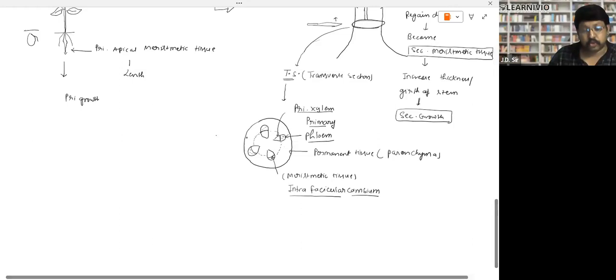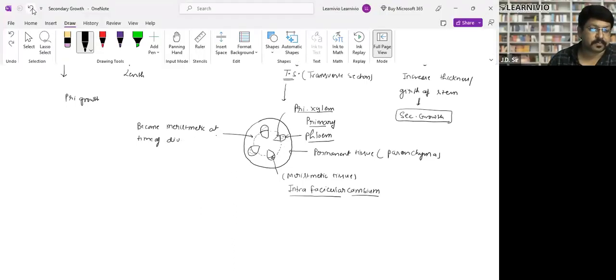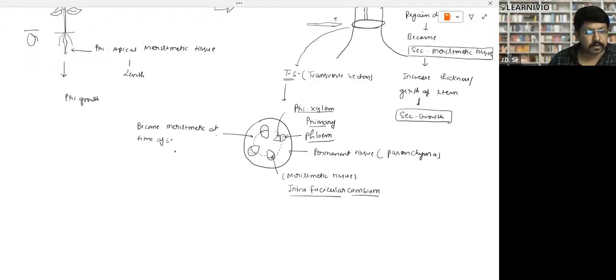So these tissues, which become meristematic at the time of secondary growth, what do we call them?